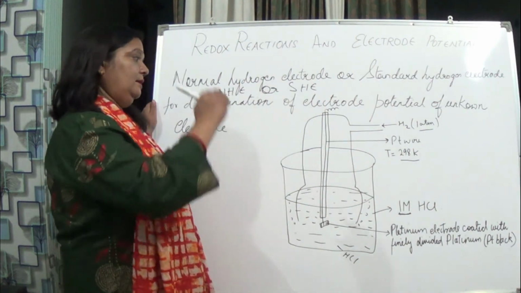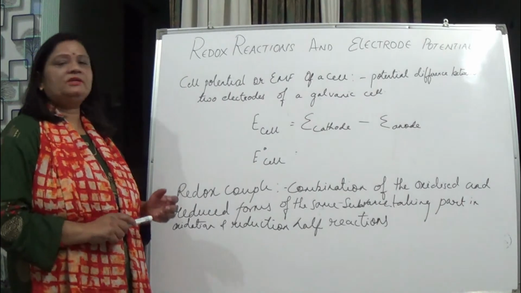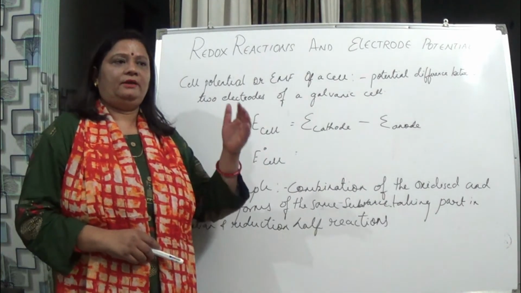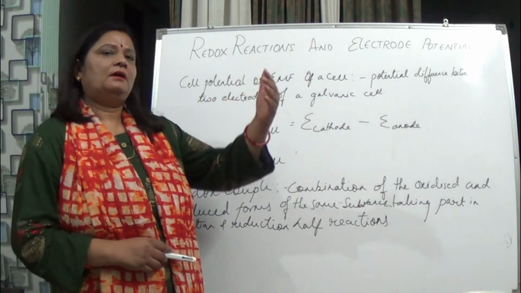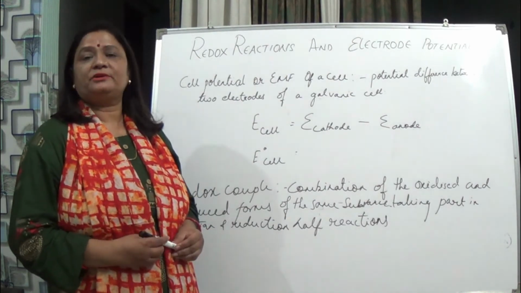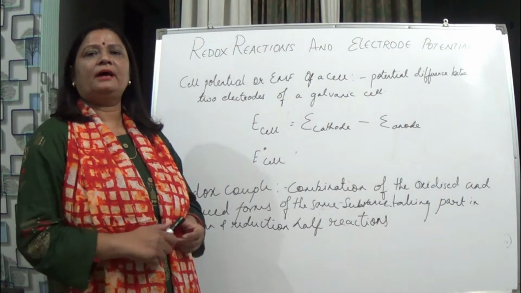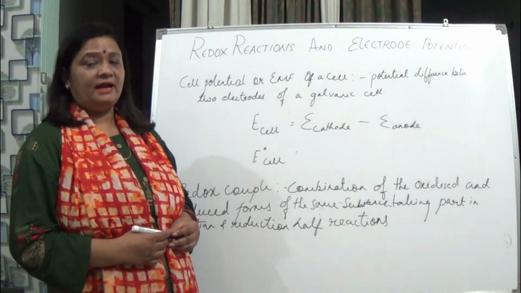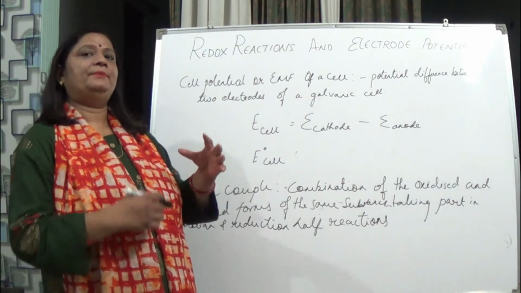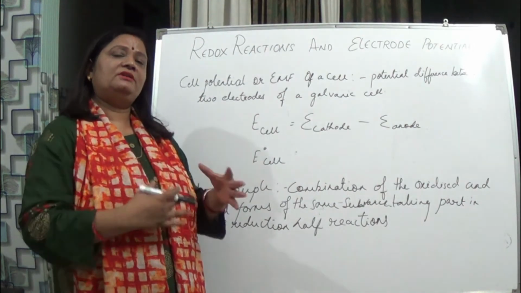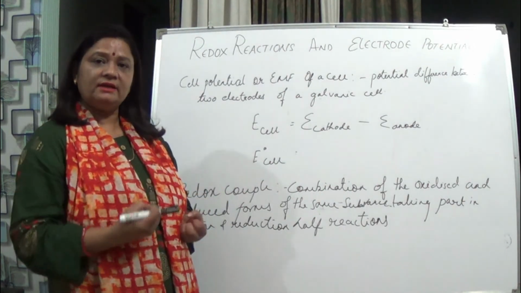So if we are attaching the standard hydrogen electrode to zinc, hydrogen comes below zinc in the activity series, and naturally it will be taking the electrons.